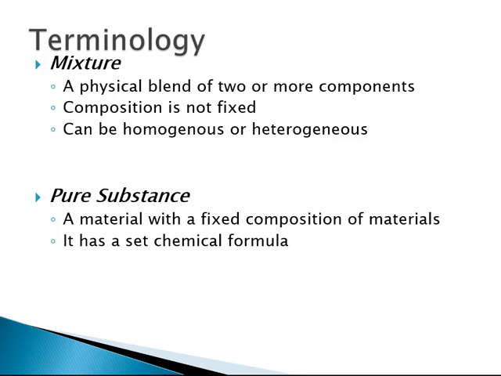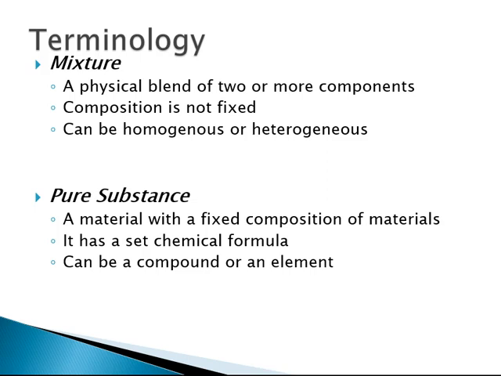That's always Cu. You could have salt, NaCl, but that salt is sodium chloride. So it has a set chemical formula where the ratios of the components that make it up are exactly the same. In the case of NaCl, it's 1 Na for every Cl in every molecule of table salt or sodium chloride that you have.